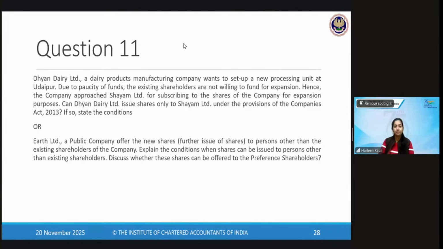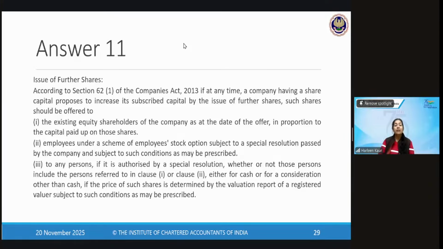Let's try to understand. Here he is trying to tell you that under section 62 subsection 1, a company can increase its share capital by issuing further shares, either by offering to the existing shareholders, that is a rights issue, and giving the date of offer to be accepted on those shares, or we can do ESOPs.